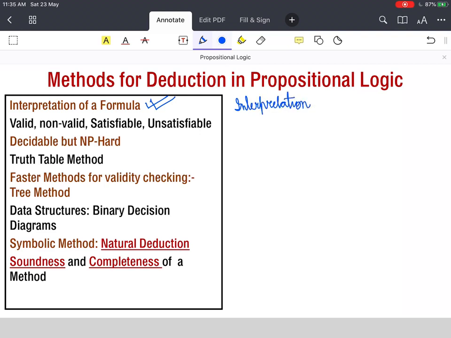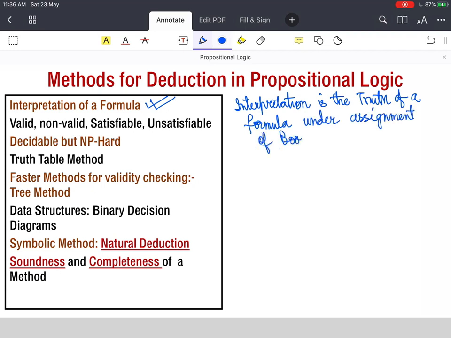An interpretation is the truth of a formula under assignment of Boolean variables to true or false.